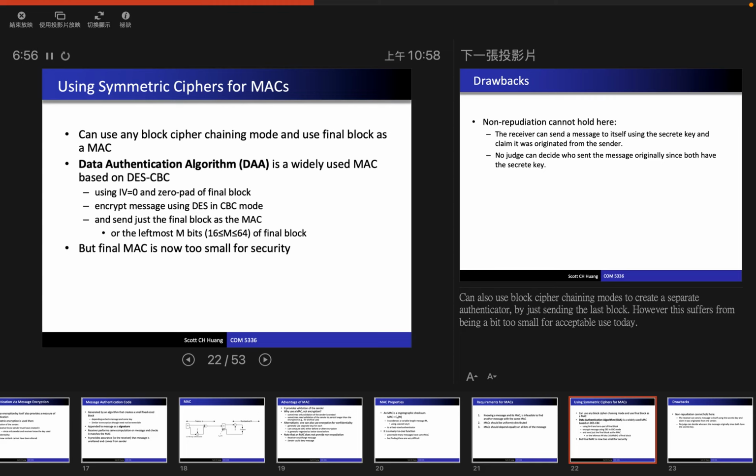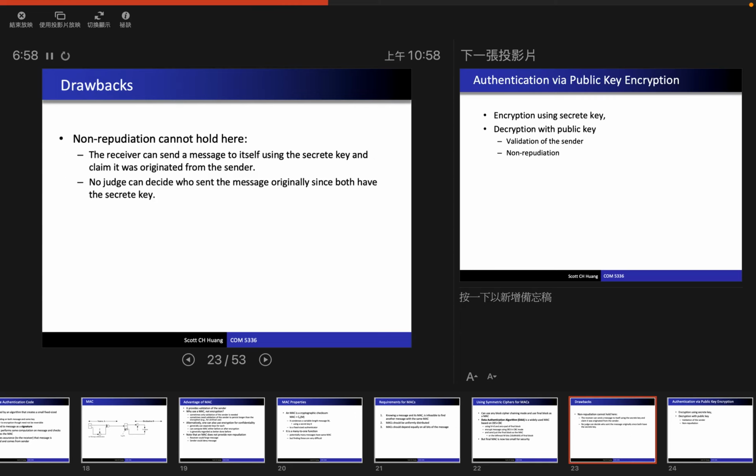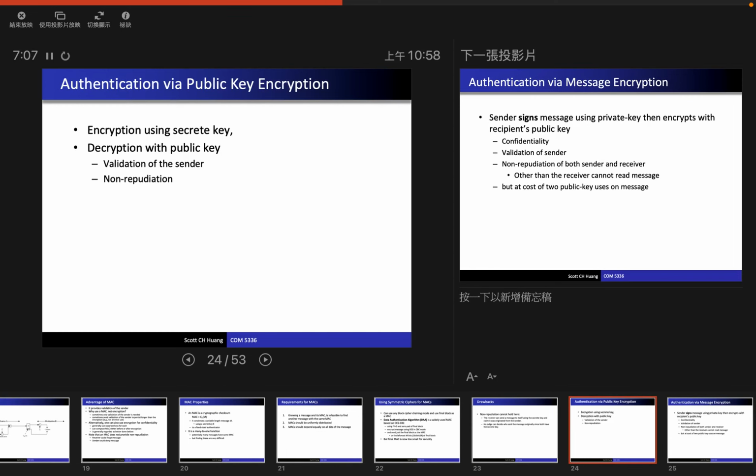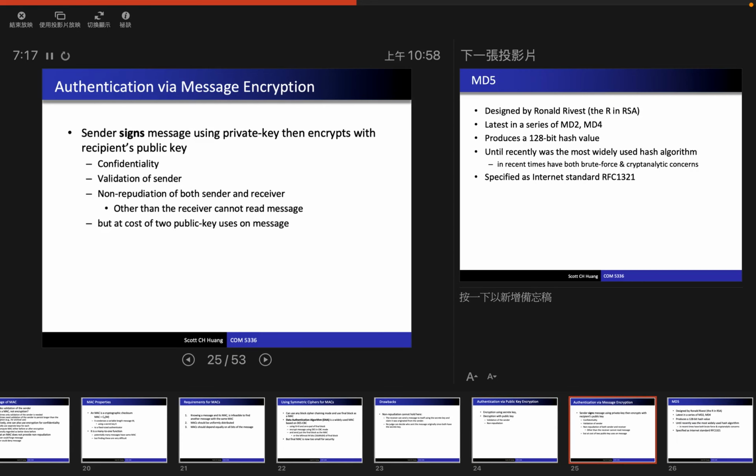And non-repudiation cannot hold because it's a symmetric algorithm. So using public key encryption, we can achieve both validation and non-repudiation. We can use a signature to sign that.